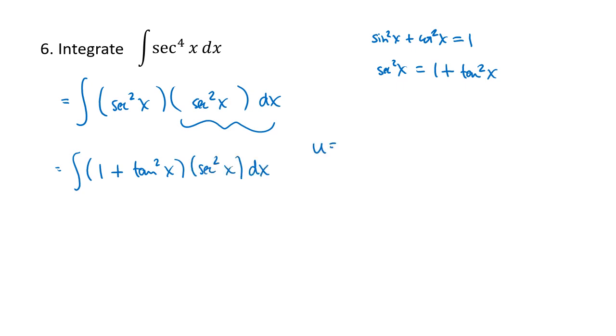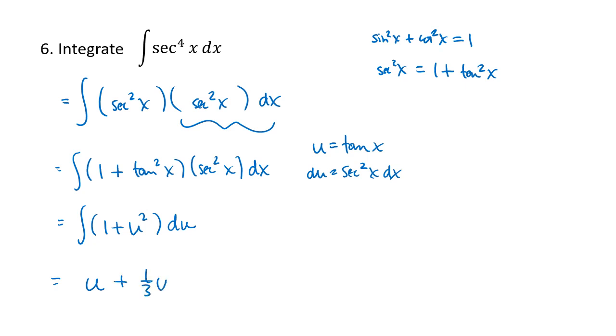So if I substitute u equals the tangent of x, similar to what we just did in the previous example, then this is going to give us 1 plus u squared du. Antiderivative of 1 is u. Antiderivative of u squared is 1/3 u cubed plus c. So this gives us tangent of x plus 1/3 tangent cubed of x plus c.